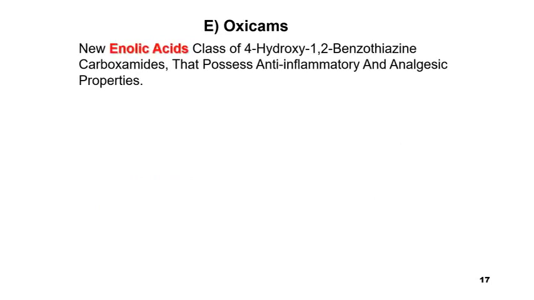The fifth chemical class is the oxicams. Oxicams are again derivatives that are lacking the presence of a carboxylate as an anion function, but they are considered as enolic acids of the hydroxybenzothiazine carboxamide class.